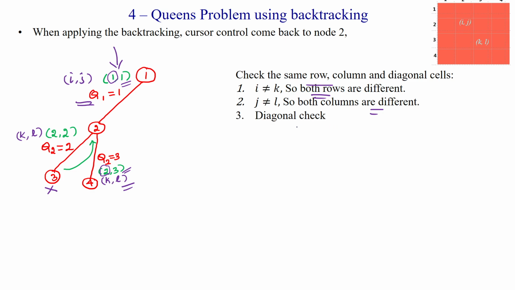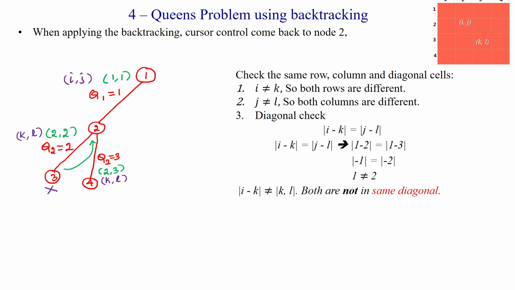Then check the diagonal: here i minus k, and j minus l. Based upon that, we are going to check the diagonal position.